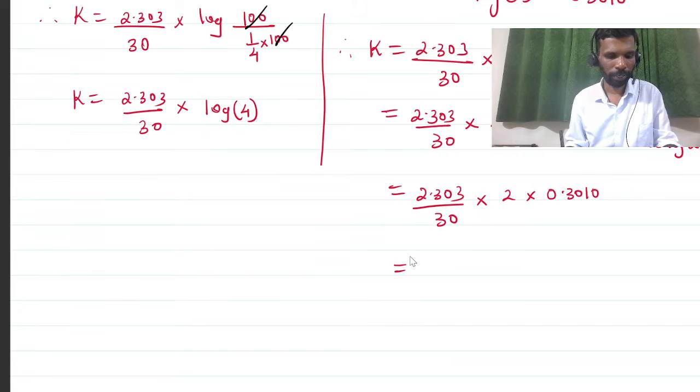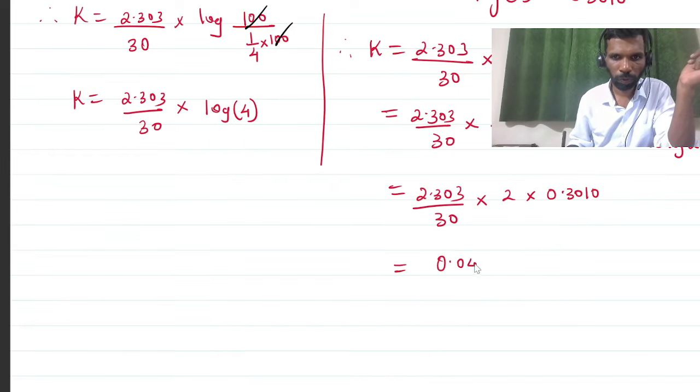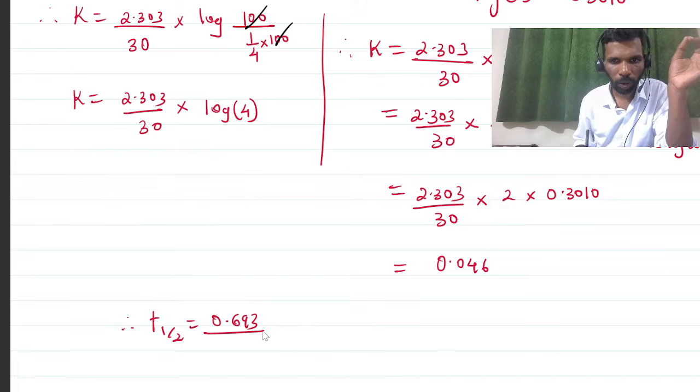And final answer, when you solve this, it comes to, we are finding K. The question is not over. We are finding K. K I am getting over here to be is equal to 0.046. This is what the K value is. And therefore, you are told to find a T half. Therefore, substituting it in the formula of the T half, which is equal to 0.693 upon K is what? 0.046.